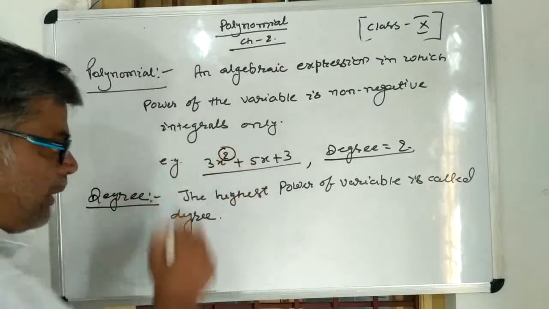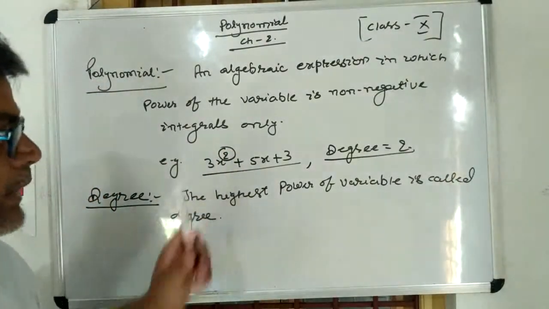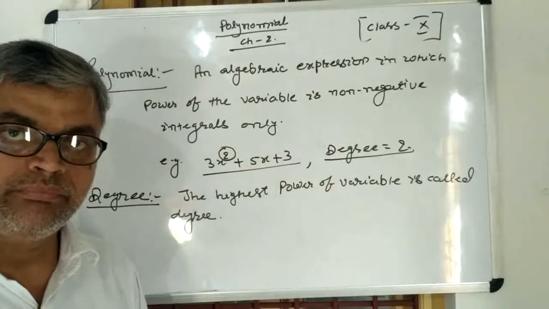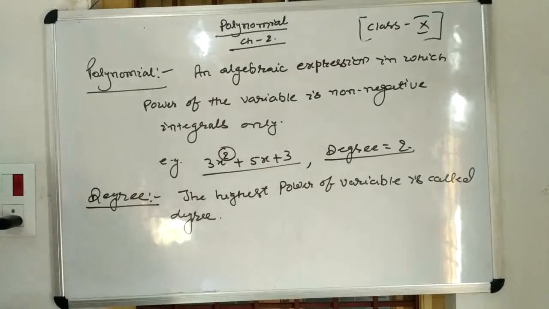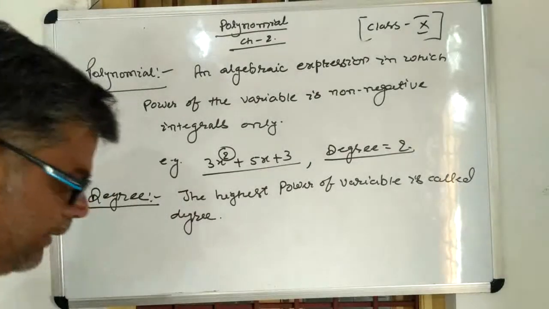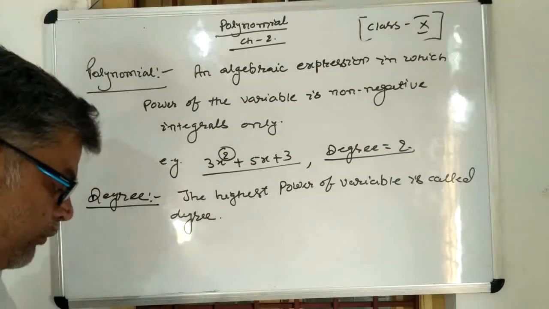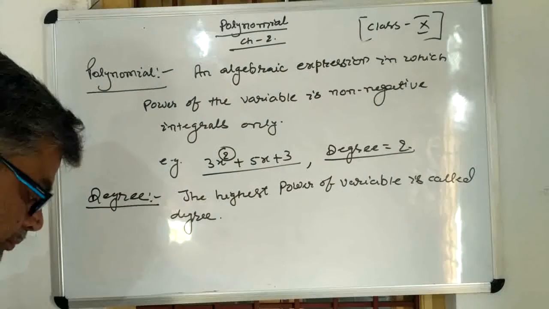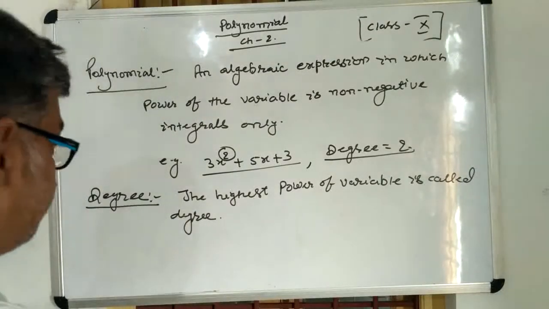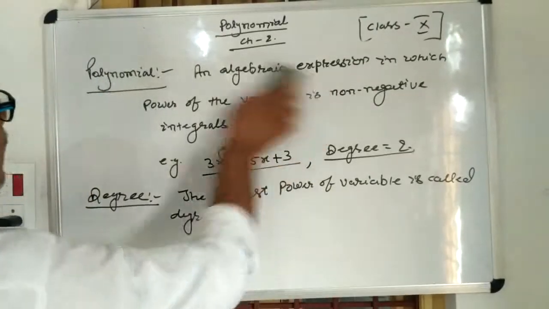This is called the degree of this expression. On the basis of degree, polynomials are divided into different types: linear polynomial, quadratic polynomial, cubic polynomial, etc.